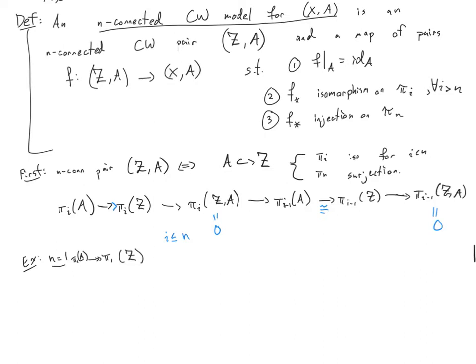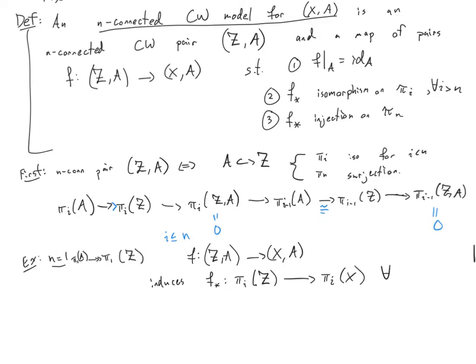And the rest of the requirements for this model tell us that the map F from (Z, A) to (X, A) induces pi star isomorphisms from pi i of Z to pi i of X. This is an isomorphism for all i bigger than 1, and it's an injection for i equals 1.